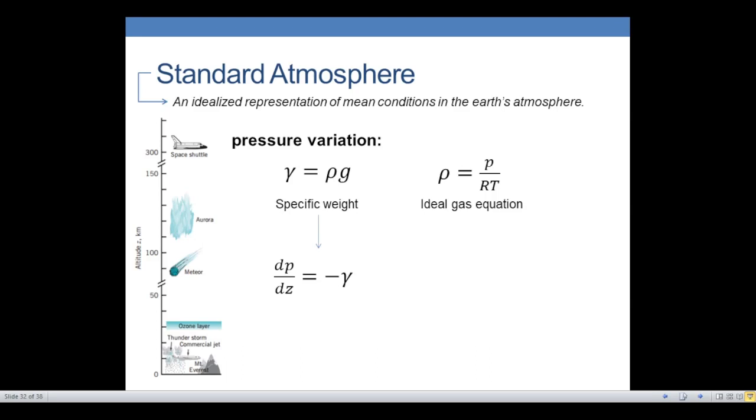Also, since we are dealing with gases, it is important for us to use the ideal gas equation, which is density is equal to pressure over the gas constant times the temperature. Now, we are going to use also the expression that we derived in our previous discussion, the variation of pressure in terms of change of its elevation.